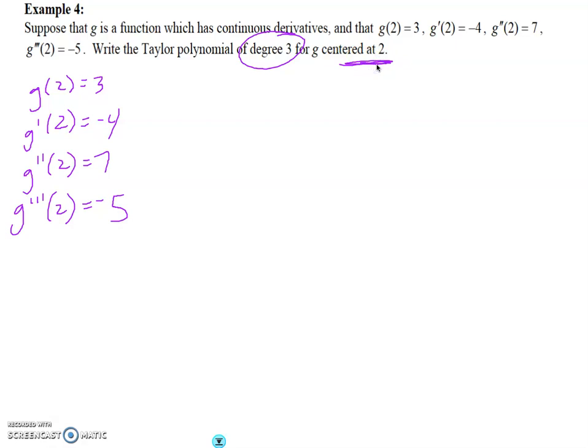So now what I need to do is plug into the definition. So I'm going to write out the formal definition here without the 2 and without our derivative values.